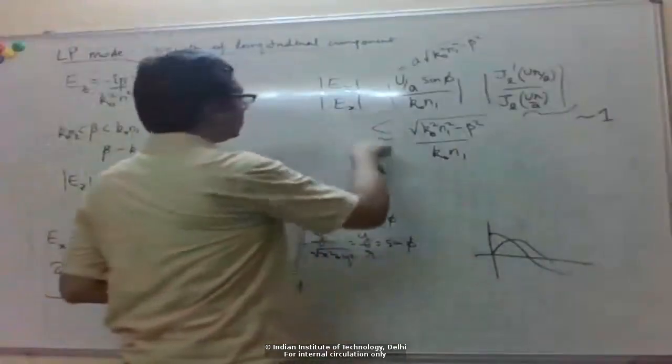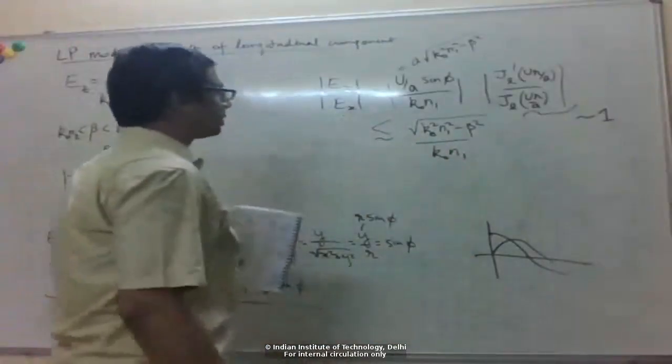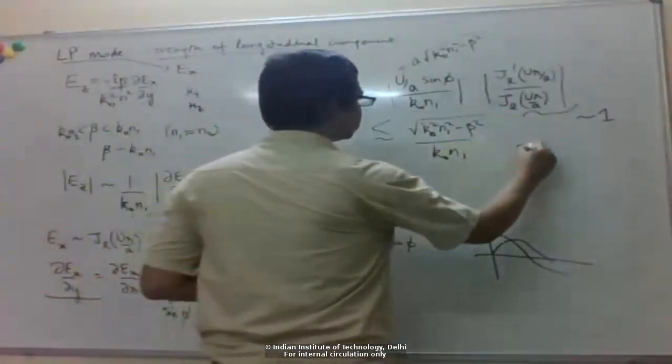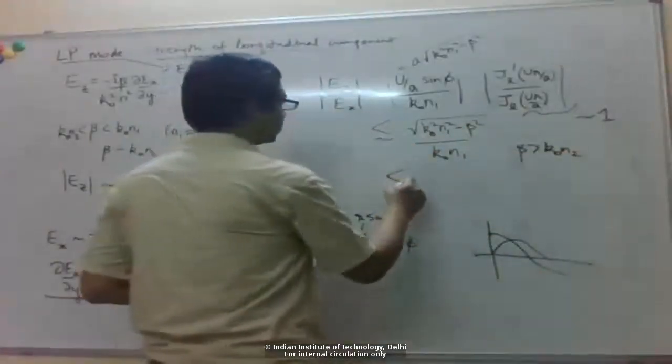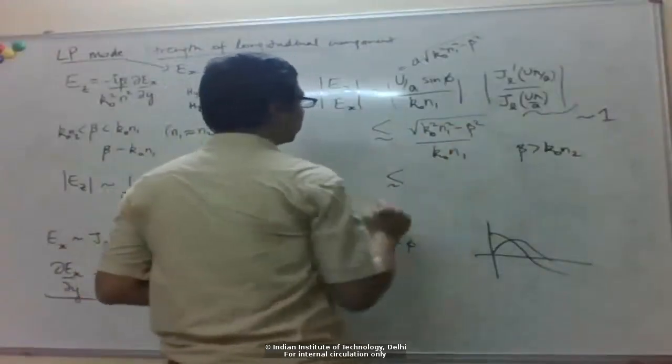So then basically the ratio is roughly given by this, and again beta is greater than k naught n2, so the maximum value this can take is if I put k naught n2 here.